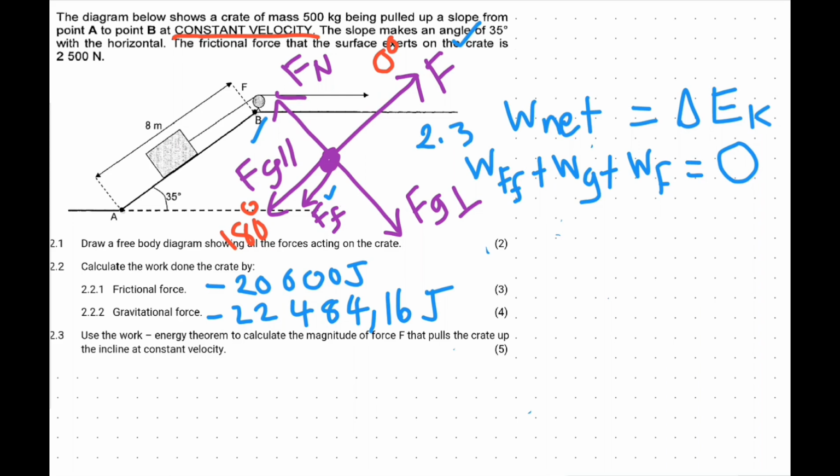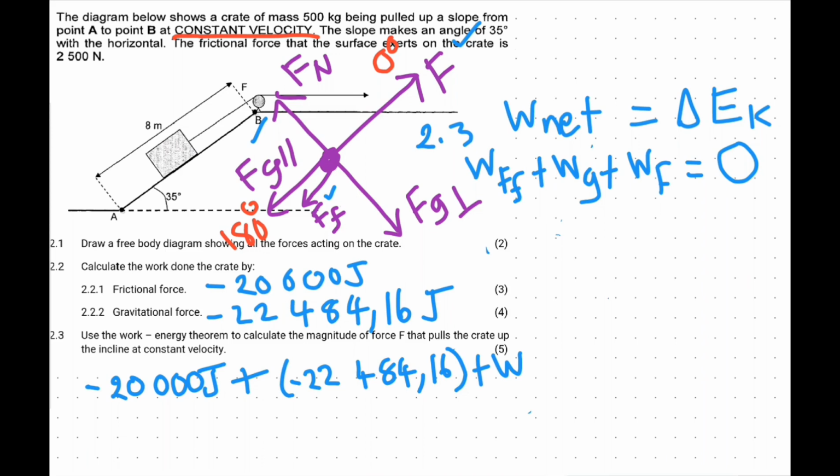Okay, so if I'm going to go to the bottom of the page on the right here, say work done by friction is negative 20,000 joules. Work done by gravitational force is negative 22,484,16, plus the work done by force F is 0.